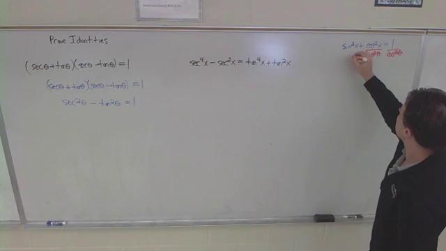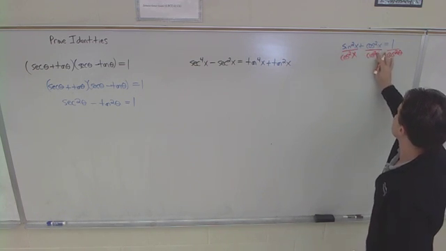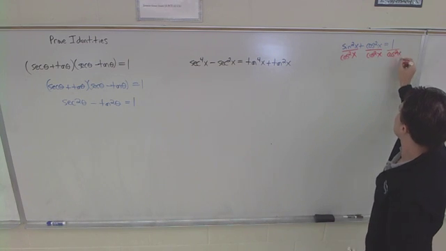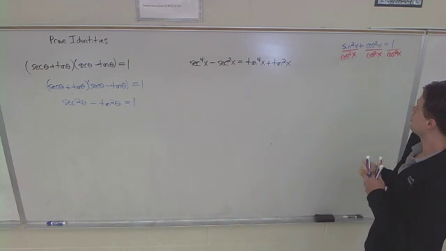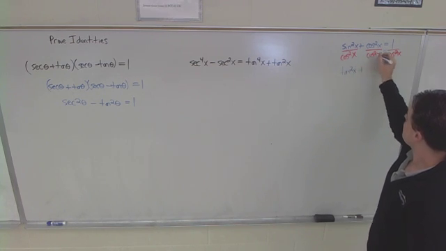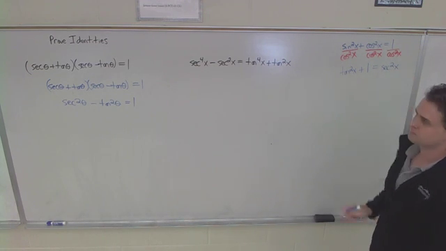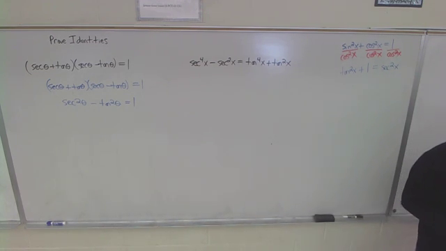Tangent squared x. Oh, I should use x, yeah. Okay, so that is tangent squared. That's 1. That's secant squared. Notice, do I have that memorized?